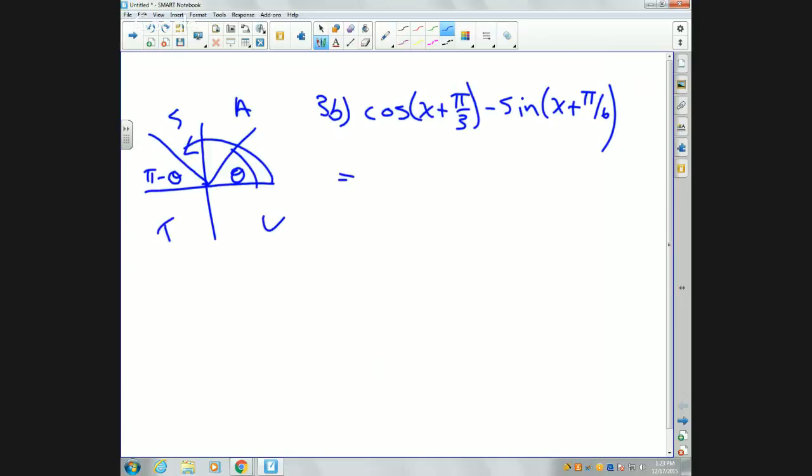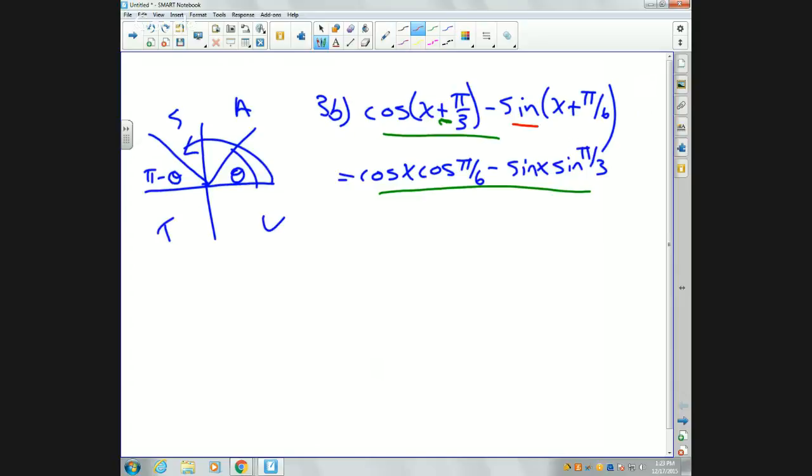The addition of two angles is the same as cos x cos pi over 3, and because we're doing a sum in here, we're going to subtract sine x sine pi over 3. So this part right here corresponds to this. We do the same thing here for sine, so we're going to subtract sine x cos pi over 6.